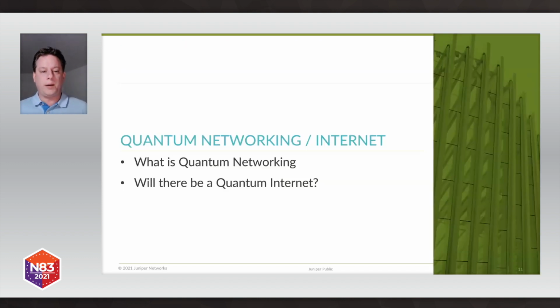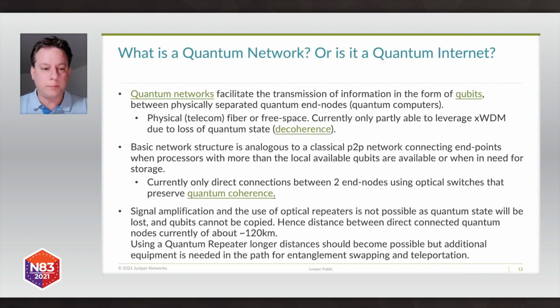So a term you might have heard by now or might have seen around is quantum internet, or is it quantum networking? So let's see about that. As I just mentioned already, basically there is no quantum internet currently, right?